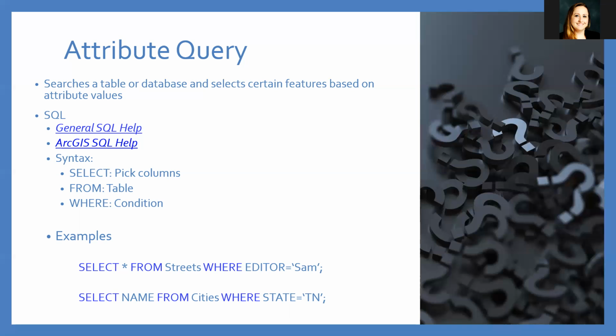An SQL statement for the query I just mentioned at the beginning of the slide could be select the column name from a table called cities where the state has a value of Tennessee.